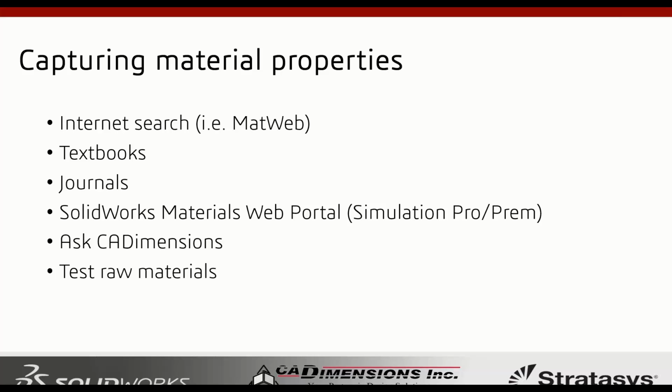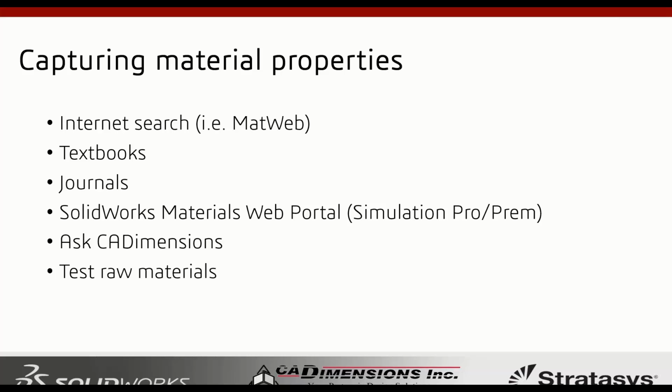So you might go out onto the internet and look for material properties. A lot of times these vendors that put out the material, especially nowadays, have simulation analysis and physical testing facilities to put out material properties, as they know how important it is.